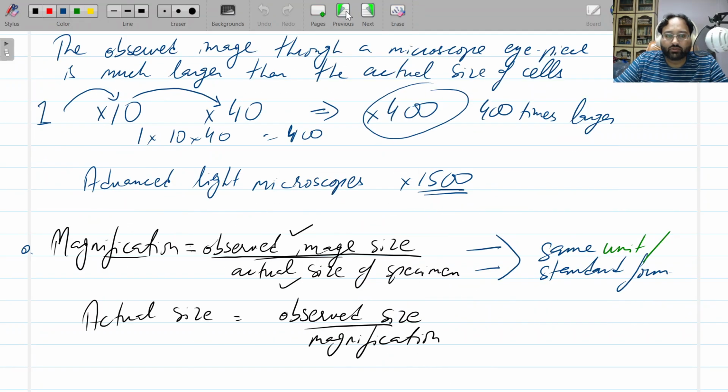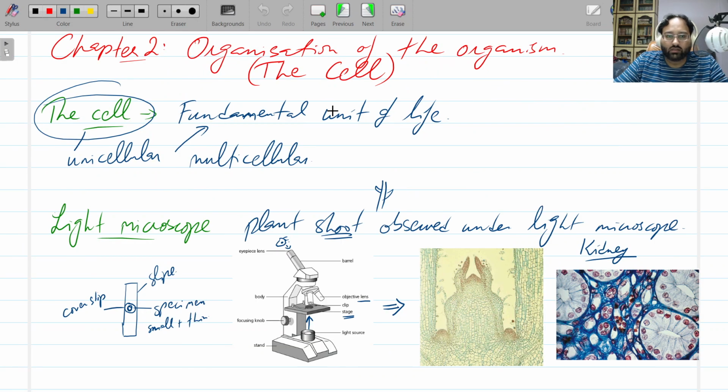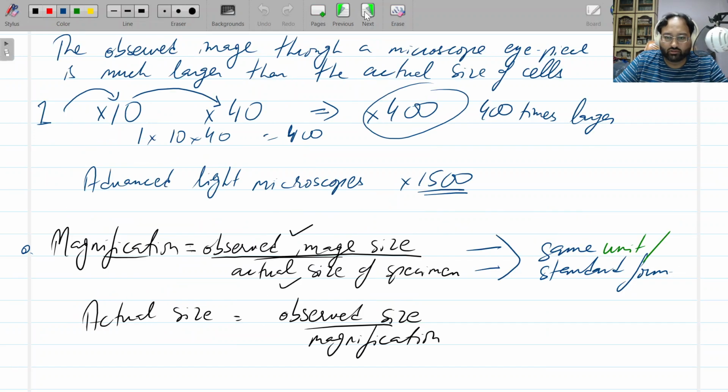So, recap. A microscope is used to observe the structure of organisms, the microstructures, so cells and so on. For magnification, there's a formula: observed image size over actual size. You can manipulate that to find whatever the unknown is.